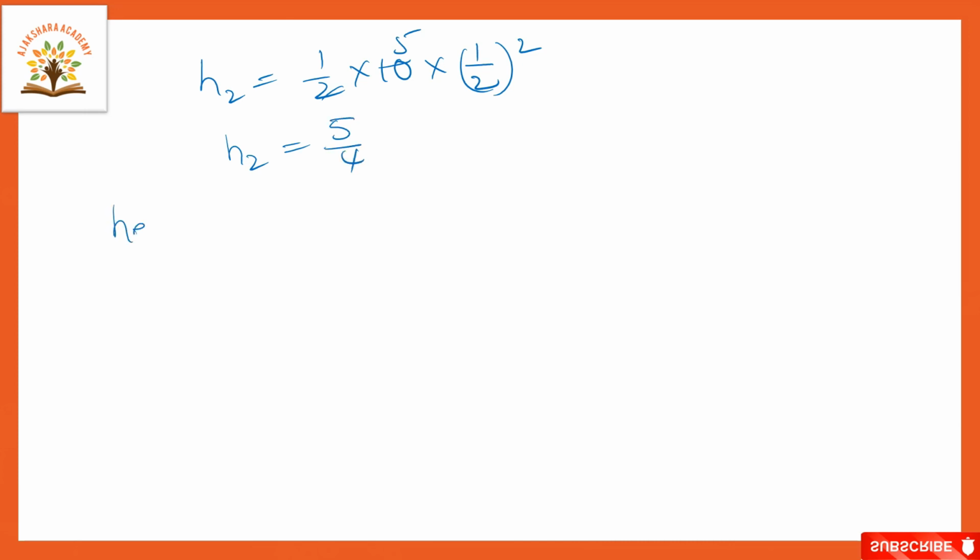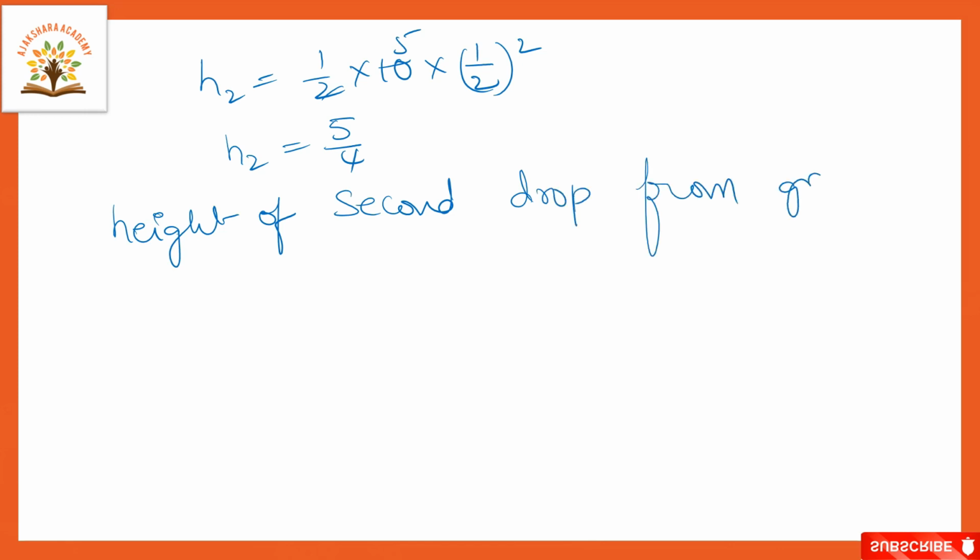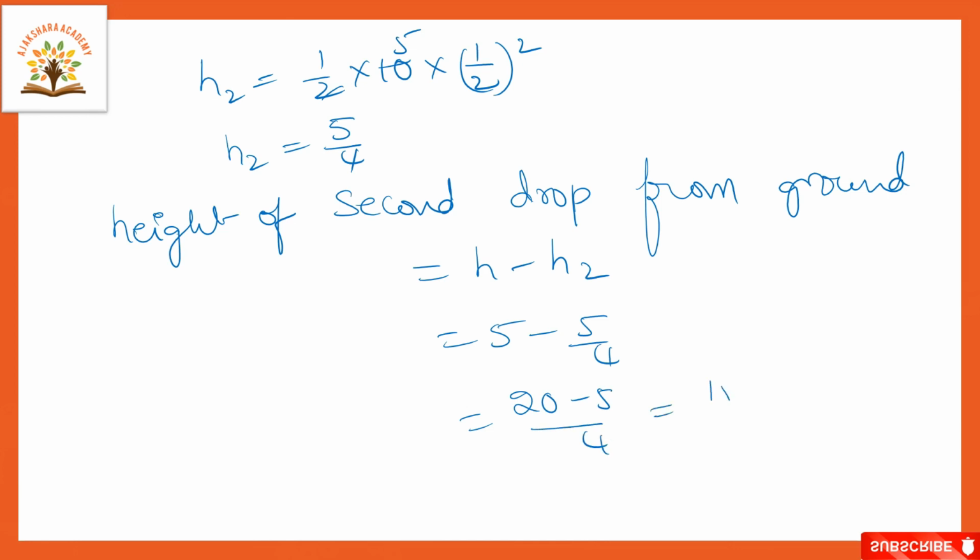Now height of second drop from ground is H minus H2, 5 minus 5 by 4, that is 20 minus 5 by 4, 15 by 4. 15 by 4 is equal to 3.75 meters. So therefore height of second drop from the ground is 3.75 meters.